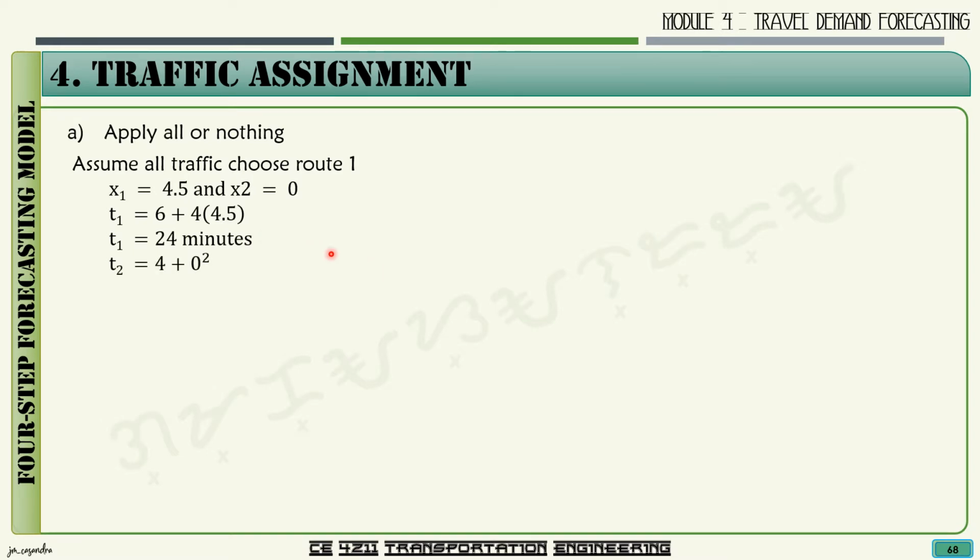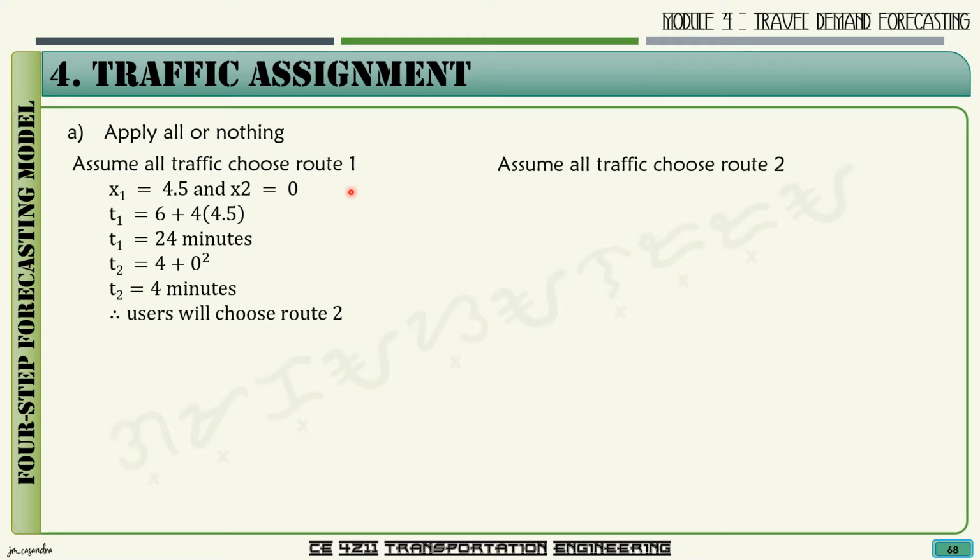And T2 now will be equivalent to 4 plus x2 squared, with x2 equal to 0, so T2 will be equivalent to 4 minutes. Once we have performed all or nothing for route 1, we also apply this using route 2.